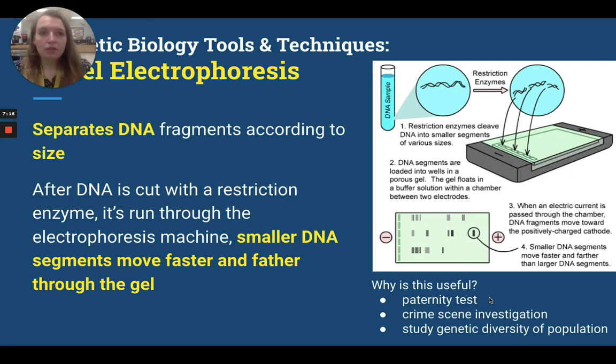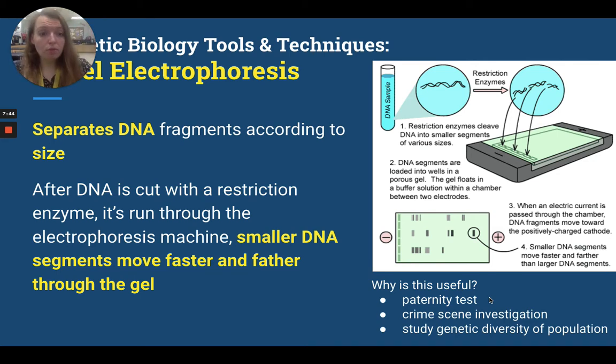Essentially, let's say that we've got a horse and we know the DNA of the mother of the horse. We've got the baby horse, the foal, but we are not sure which father is the father of the horse. We can take the DNA from the possible fathers, from the mother and from the baby horse.